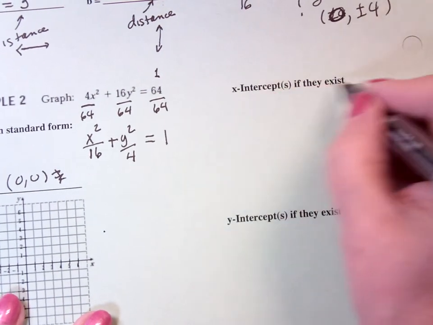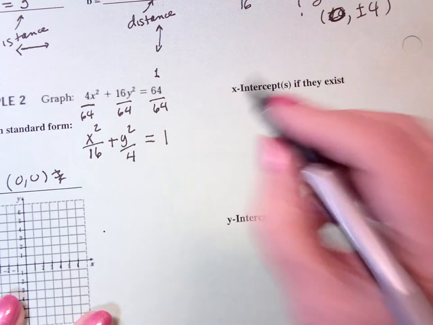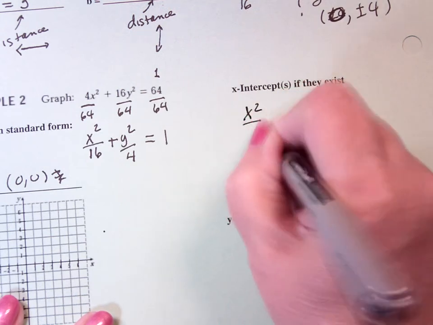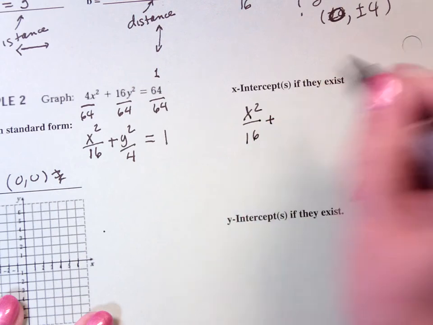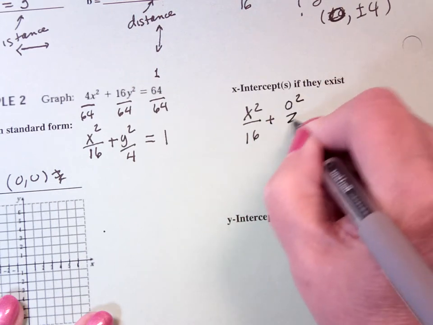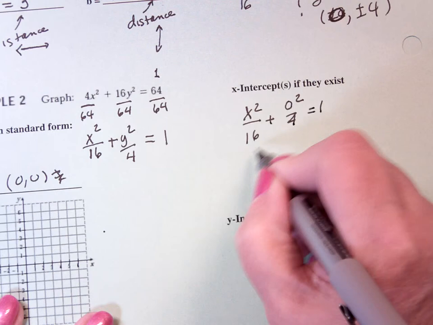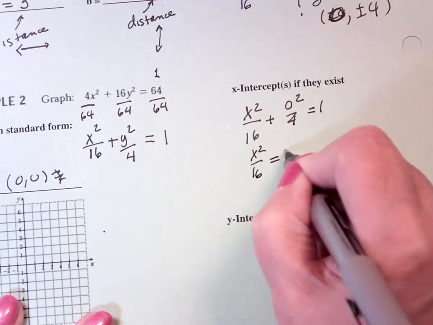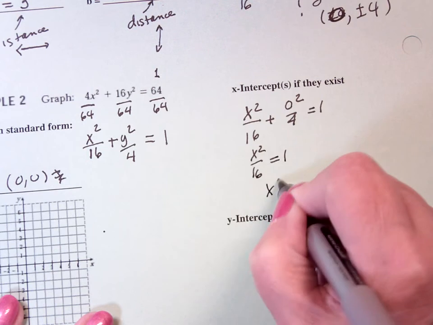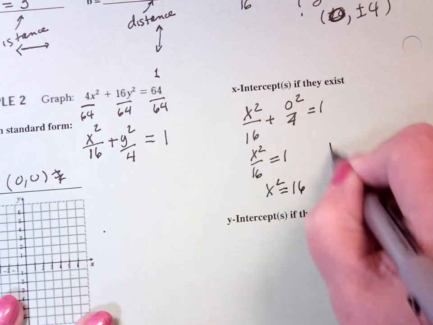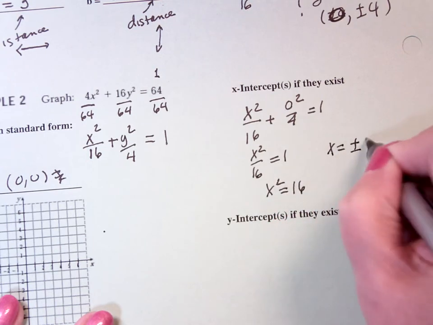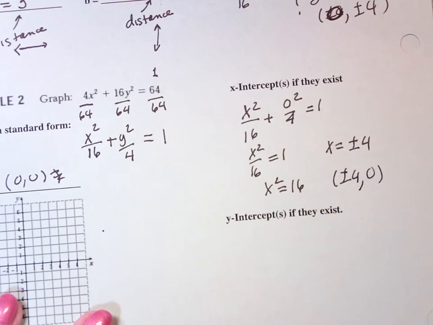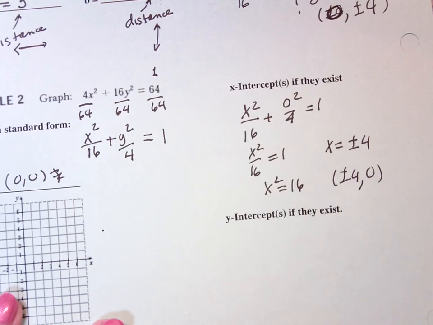So if I look at the x-intercepts, this would say that x squared over 16 plus 0 squared over 4 equals 1, or x squared over 16 equals 1, x squared equals 16, or x equals plus or minus 4, so it's plus or minus 4, 0. Because the center is at 0, 0, we have them anyway.